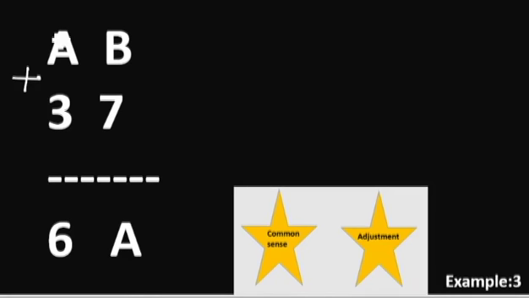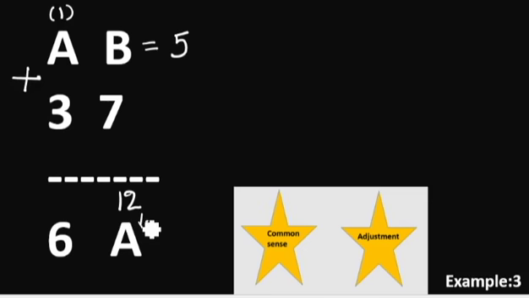Suppose I give some value to b like 5. 7 and 5 will be 12. So here we have 12. 2 will be here, 1 will be taken as carry, and the value of a, as we have taken 2 here, I have to assign that 2 for a here also.